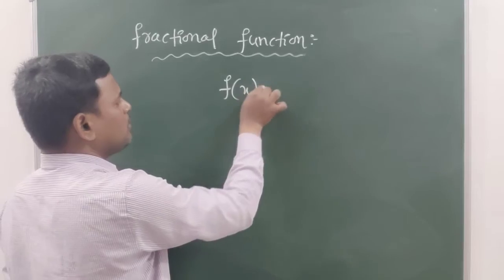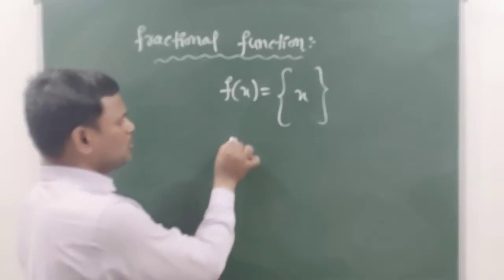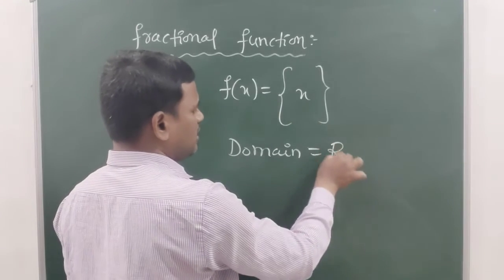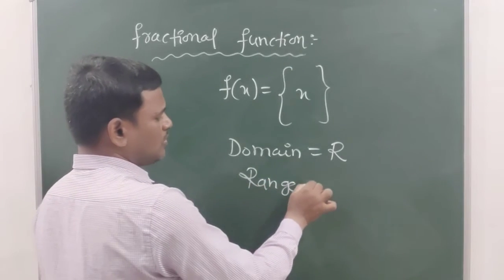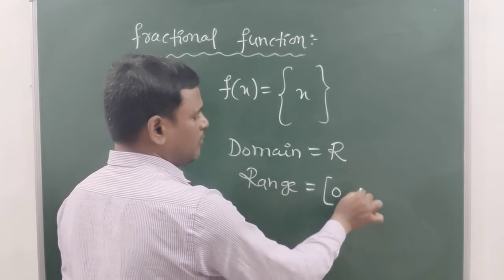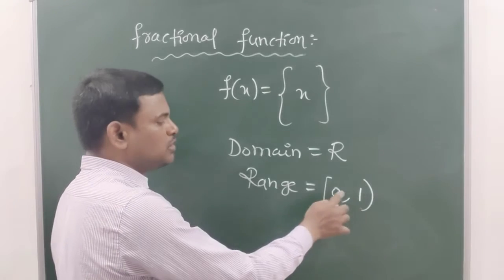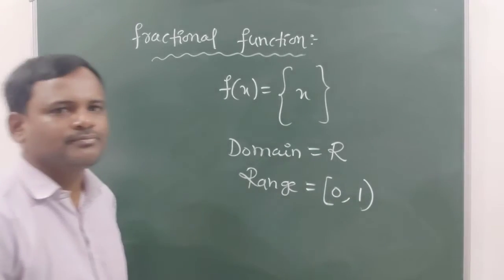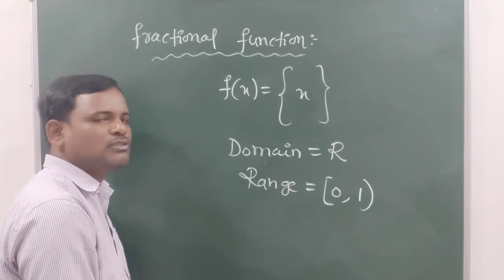F of x is equal to fractional part of x, whose domain is the set of real numbers, and whereas the range is 0 is included, 1 open. So 0 to 1, 0 is included, 1 is not included. So this is the domain of this fractional function, and the range is the interval 0 to 1.